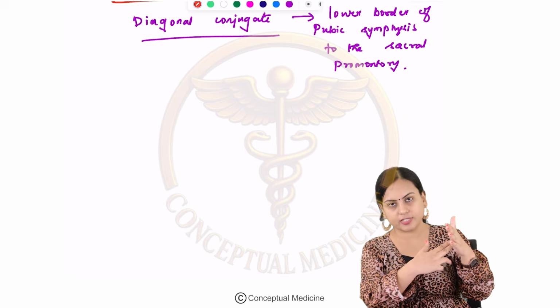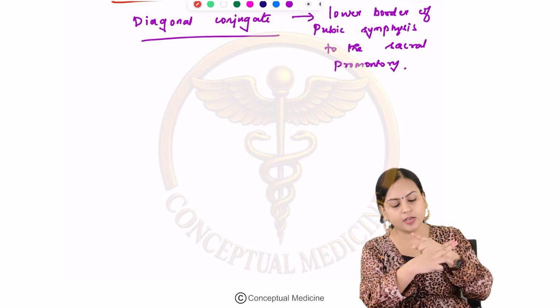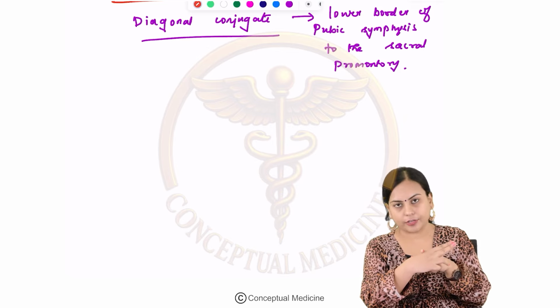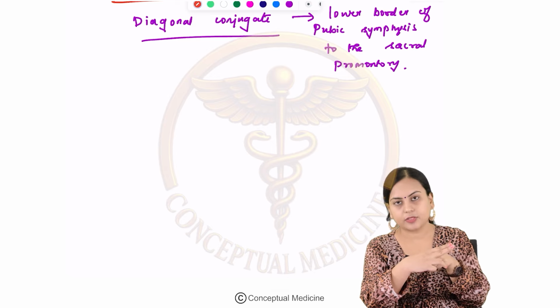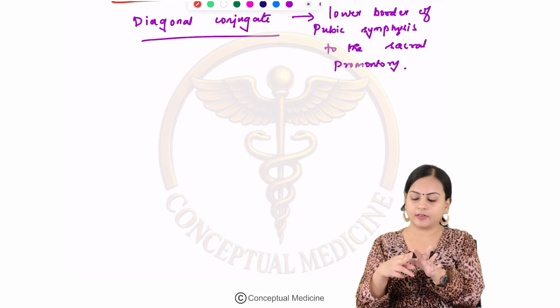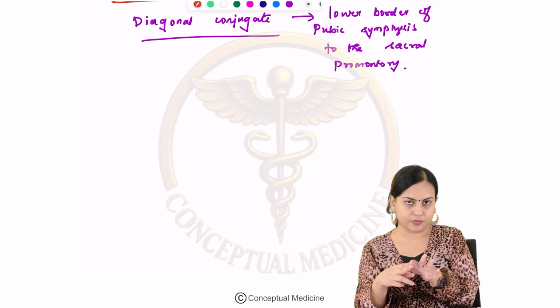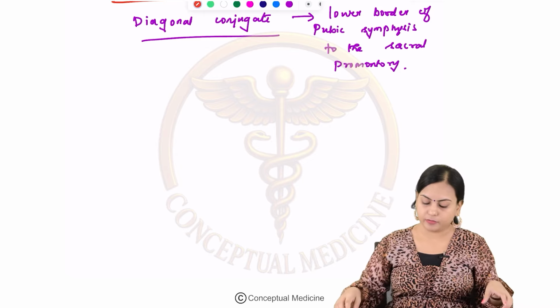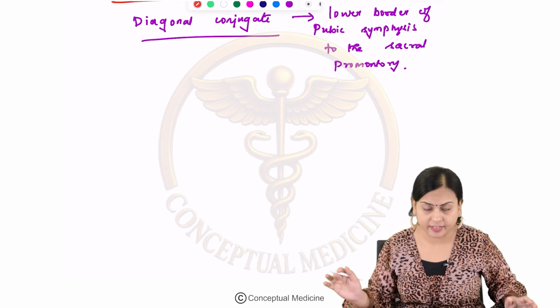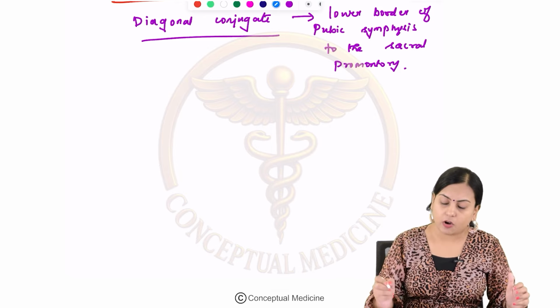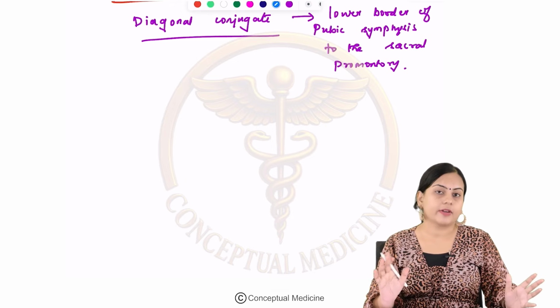I mark it with a pen, and then using a scale I measure the distance between these 2 points. This is the diagonal conjugate.